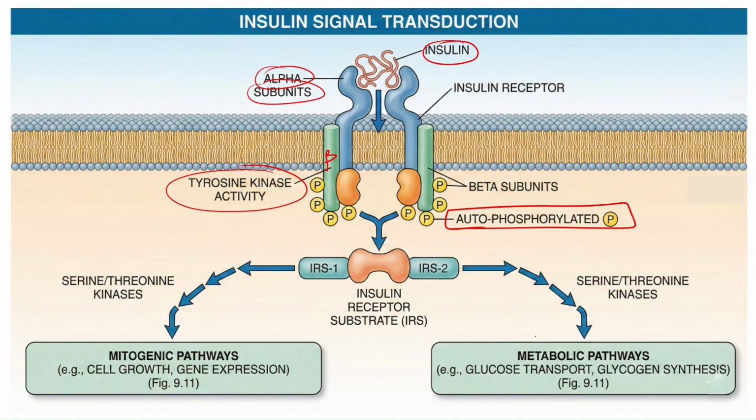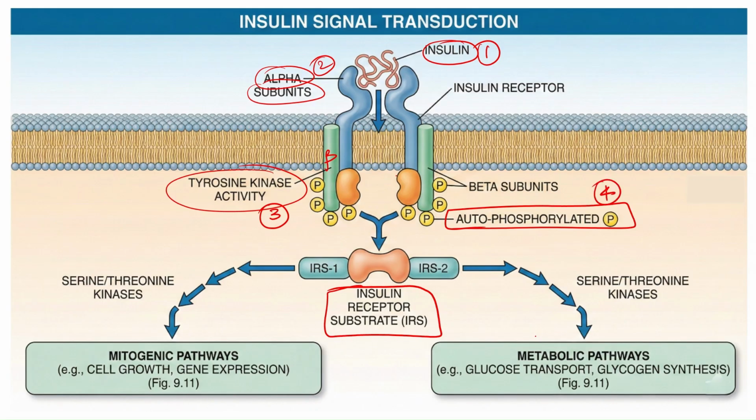Once the receptor is active, it phosphorylates the molecules known as insulin receptor substrates. Insulin has bound to the receptor on the alpha subunit. Because of this binding, tyrosine kinase activity is increased at the beta subunit, which results in autophosphorylation.